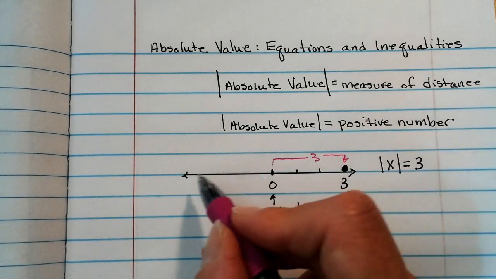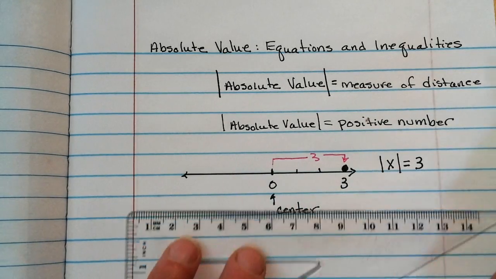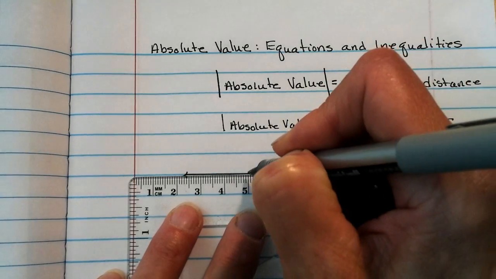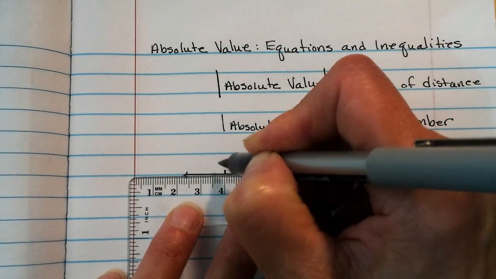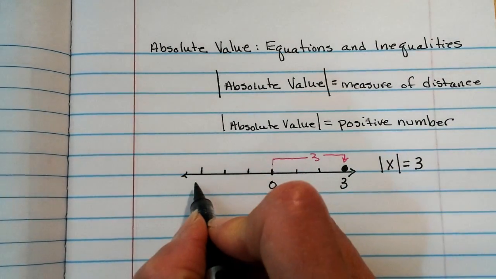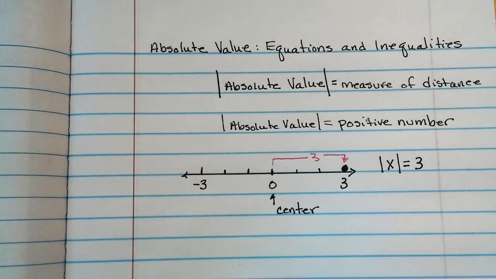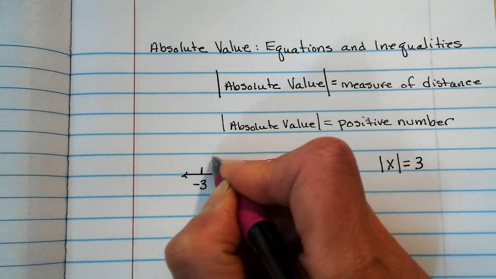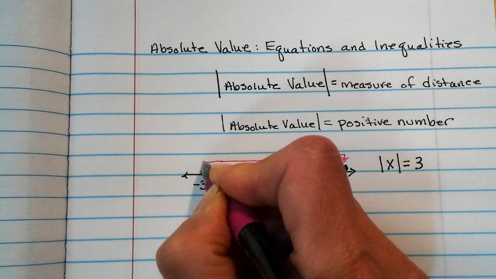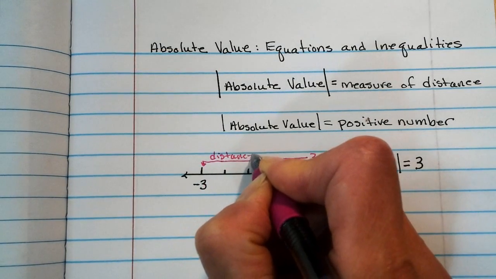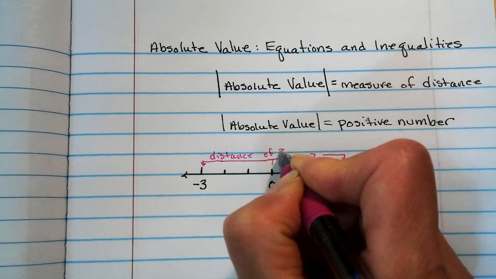But can I not also go 3 units the other way? I can. I can go backwards by 3 units. 1, 2, 3. Which means that this is negative 3. So if I go the distance in the opposite direction, this is also the distance of 3.